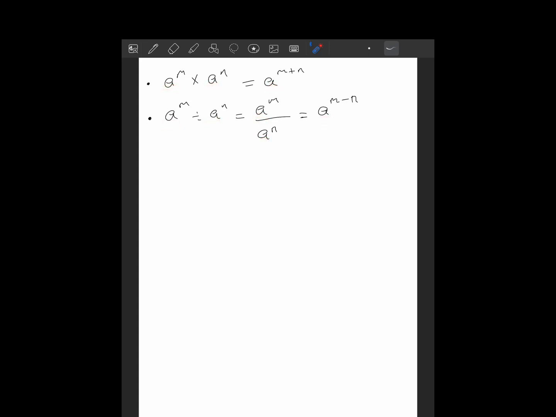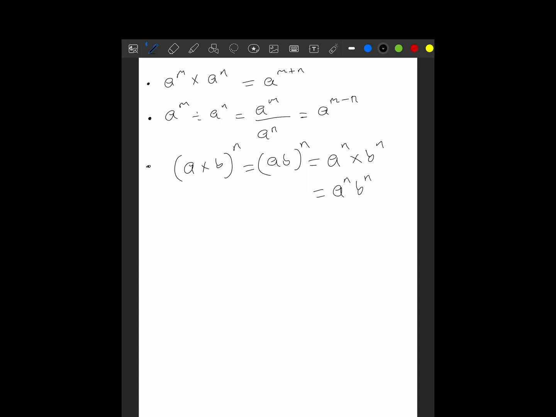Okay, that's the condition. Another law is this. Let's say you got a times b, and then this is power n. The way you write this will be a power n times b power n, or you can write it as a power n b power n.